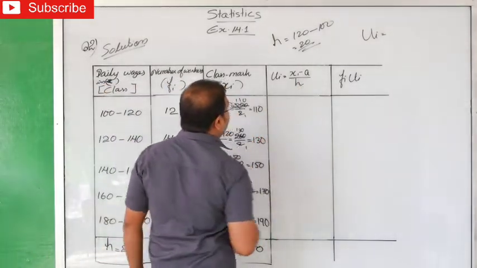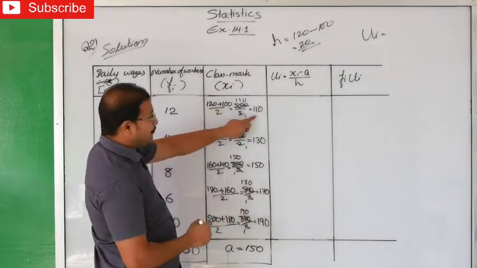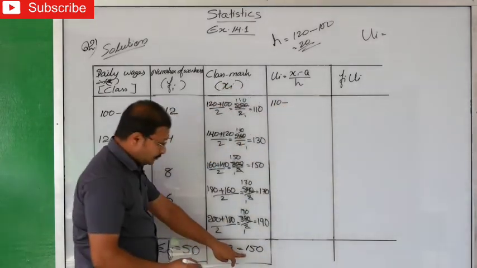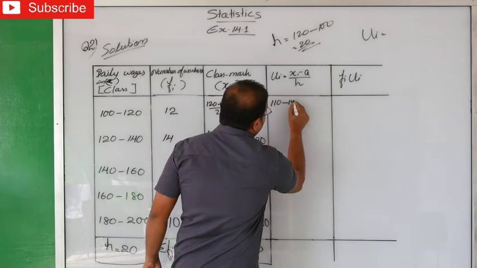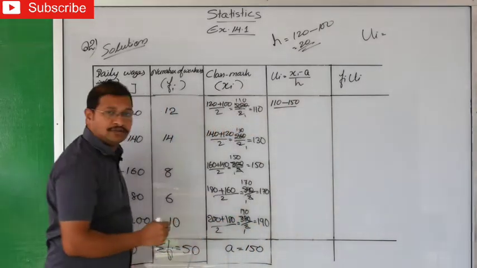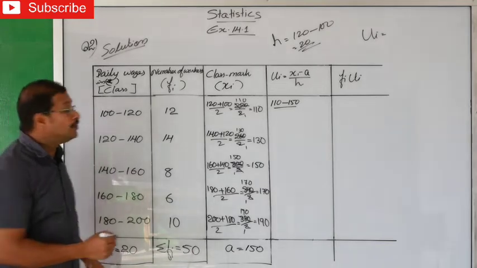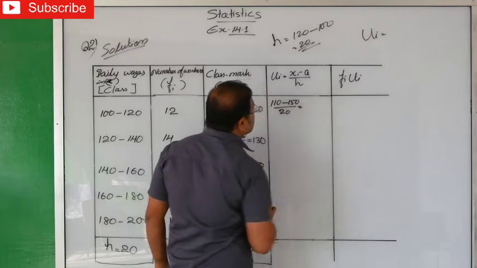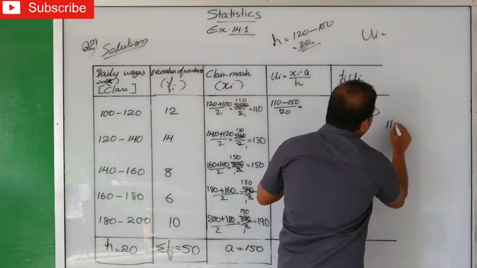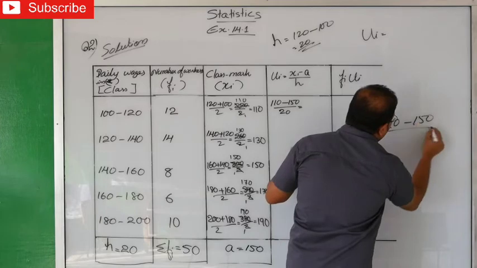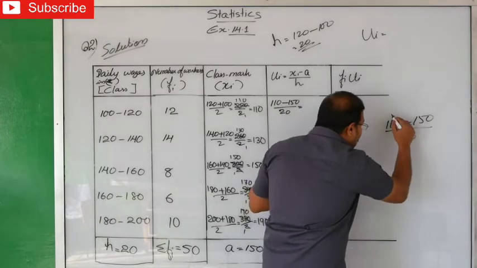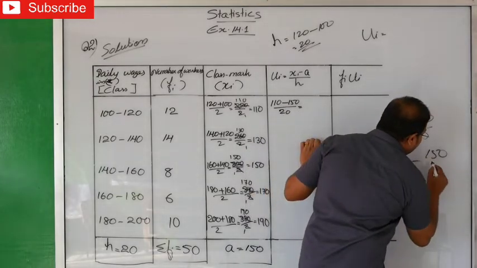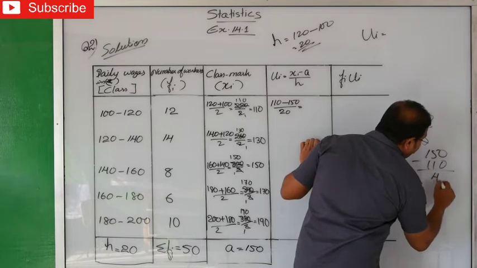Ready? So, 150. Now, what you will do? (xi minus A) by h. First one. What is xi in the first term? 110. So, 110 minus A. What is A? 150, divided by, what is the value of h? Class interval, 20. Now 110 minus 150 by 20. See, 110 is plus and 150 is minus, so what you will do? Minus. That means 150 minus 110, you will get 40.